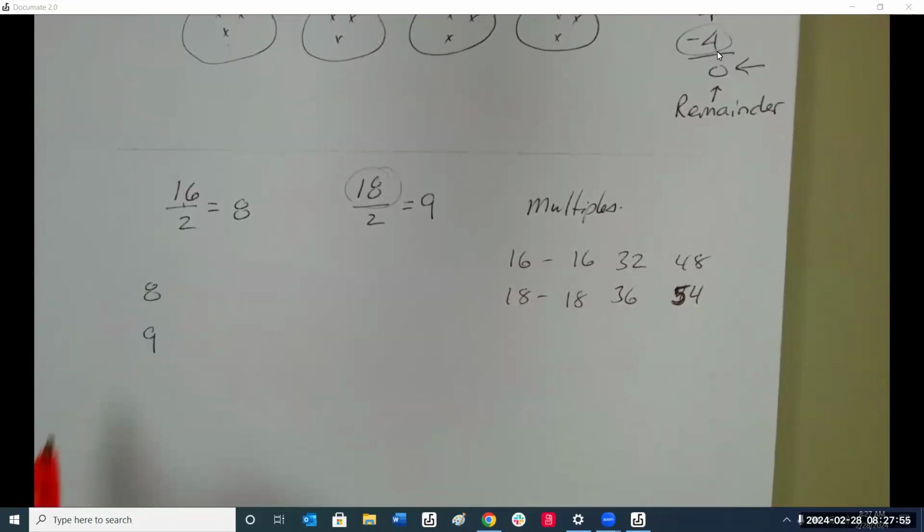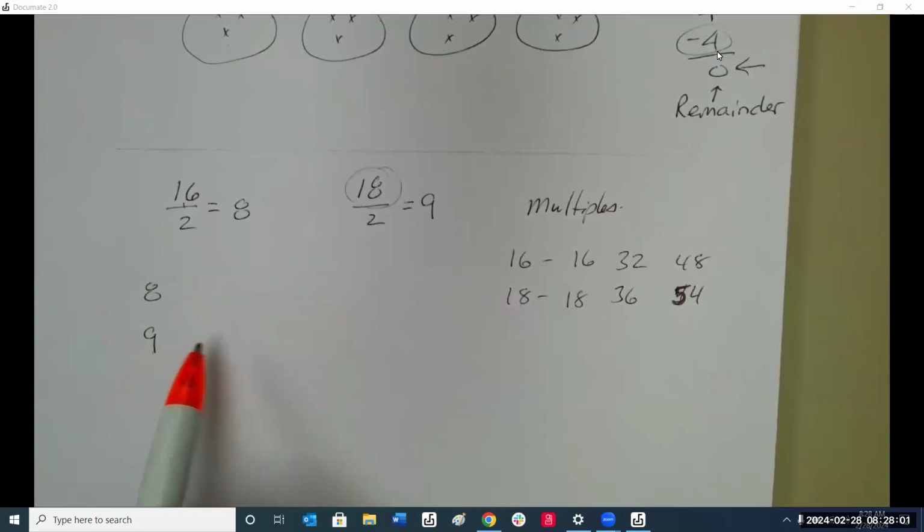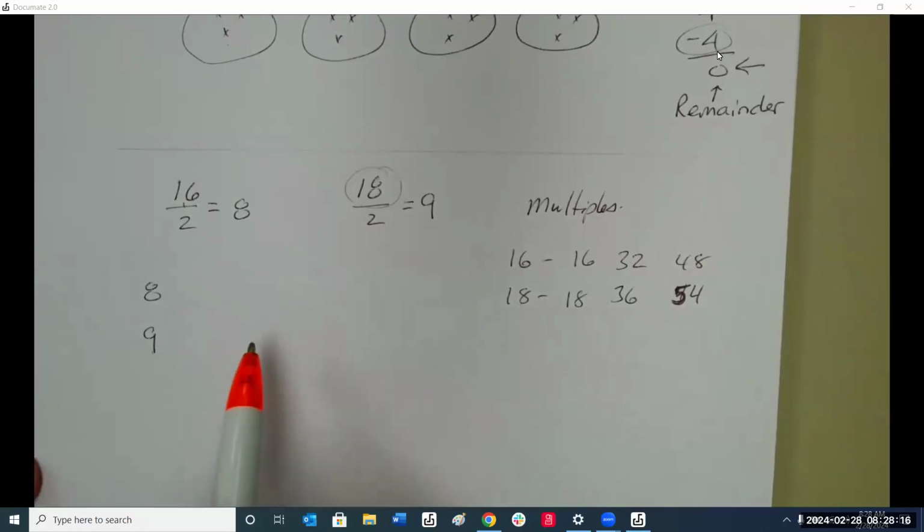Do they have anything else in common? 8 is made up of 2 times 2 times 2. 9 is made up of 3 times 3. So there's nothing in common. So what's the smallest number that both of these fit into? What's the smallest number that they both fit into? 8 doesn't fit into 9.